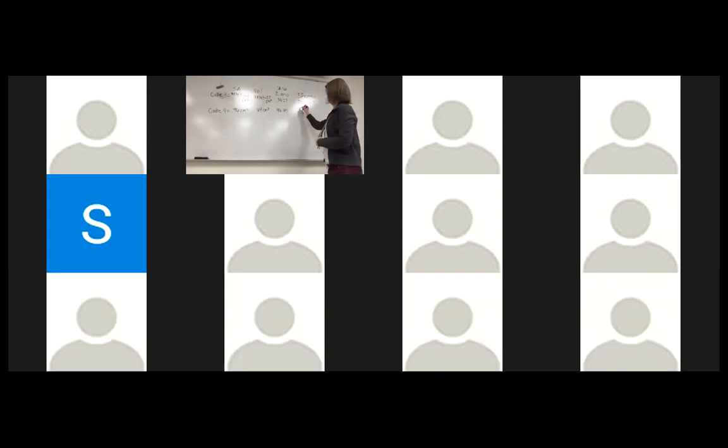And the volume would be 4 times 4 times 4, which is 64 centimeters cubed. So that gives us a ratio of 96 to 64. 96 divided by 64 is 1.5.